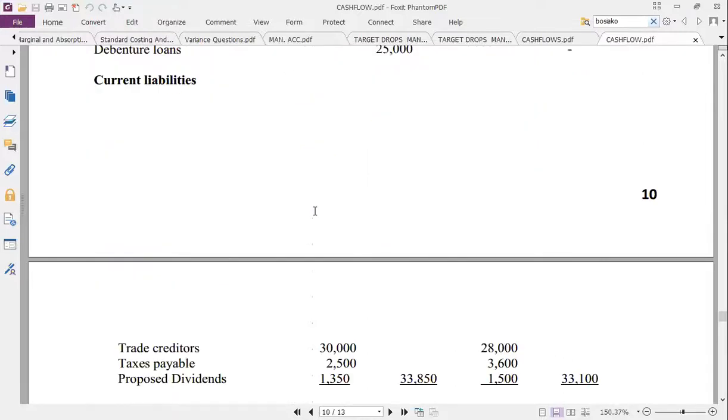In fact, we are doing three questions: Pearl Limited, Add-on Limited, and More Limited. I'll solve one of these three questions next week. The one that everybody touches, that's the one that I'll solve.